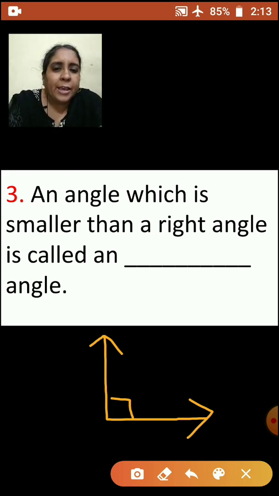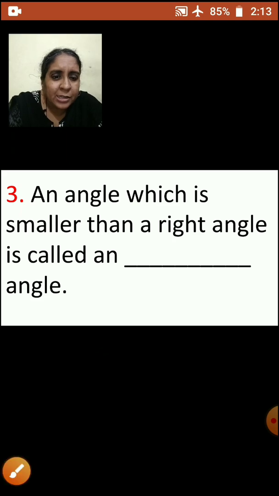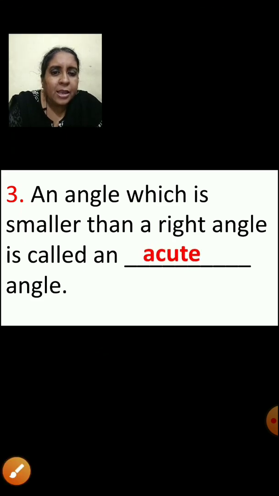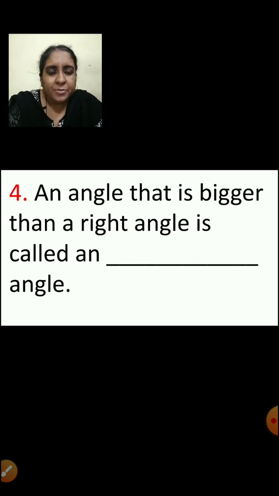Now, the angle which is smaller than a right angle. So, you should know the answer, right? What is the answer? Acute angle. An angle which is smaller than a right angle is called an acute angle.